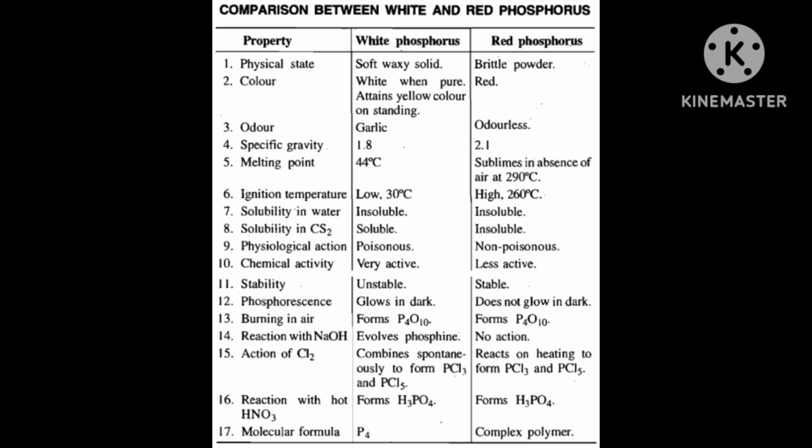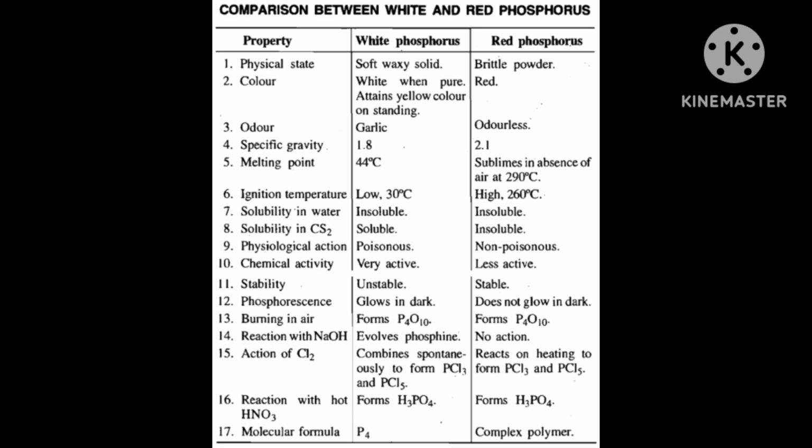Now come to the black phosphorus. Black phosphorus has 2 forms: alpha black phosphorus and beta black phosphorus.